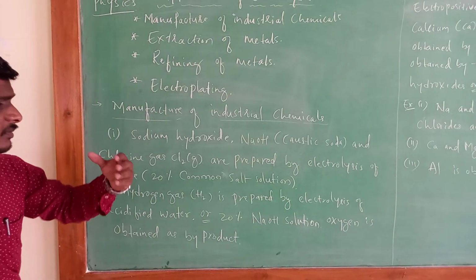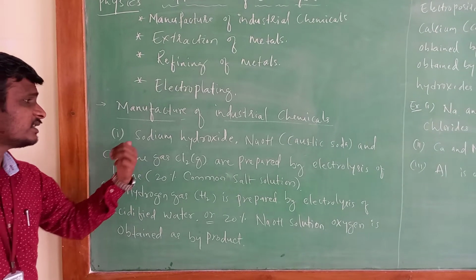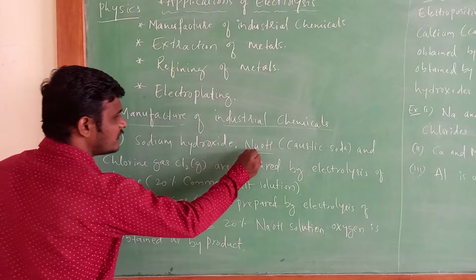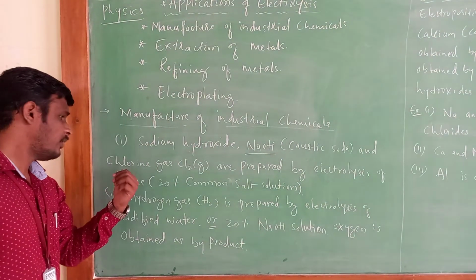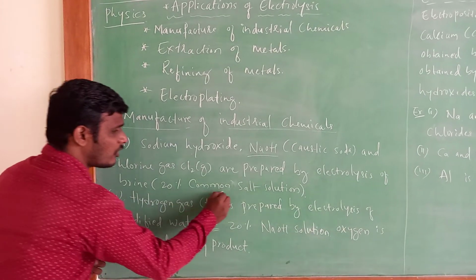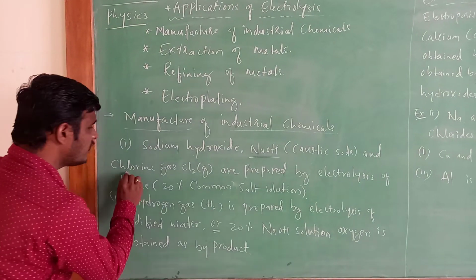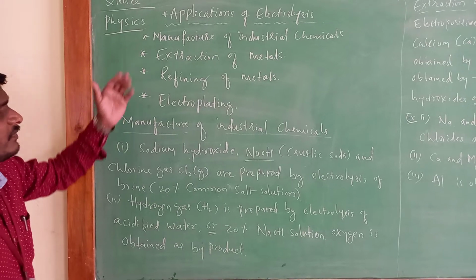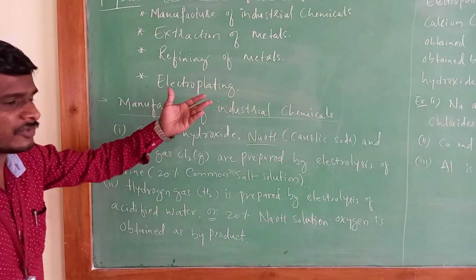From the electrolysis of this common salt solution we get sodium hydroxide and chlorine gas, right? So this is done in the manufacture of industrial chemicals, by the process of electrolysis.